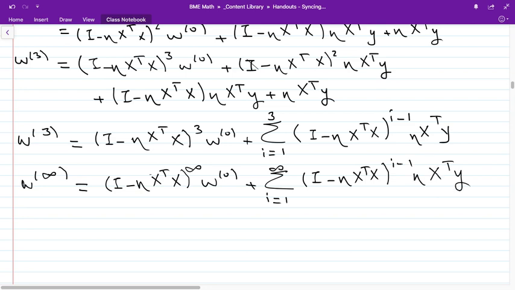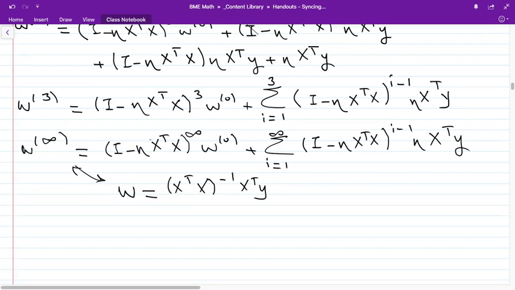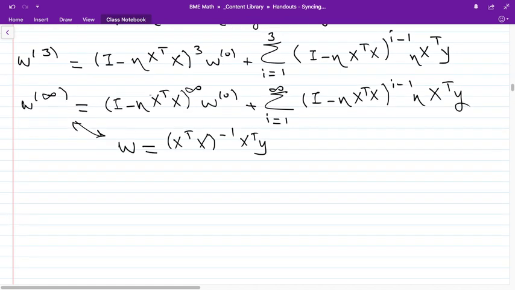So what I'm interested in is what is this quantity here? Does this have anything to do with what we had in the previous set of results, which said that W should be equal to x transpose x inverse x transpose y? So what is the relationship between these two equations? Does this converge to this? And I want to show you that it does.